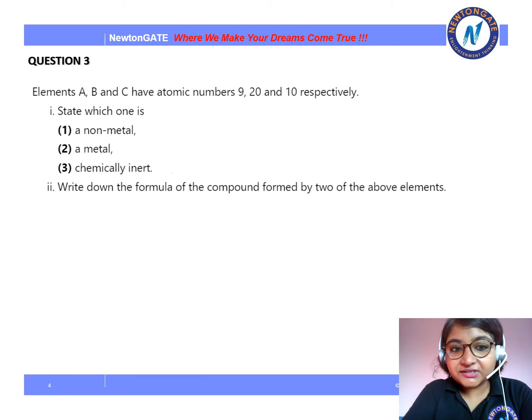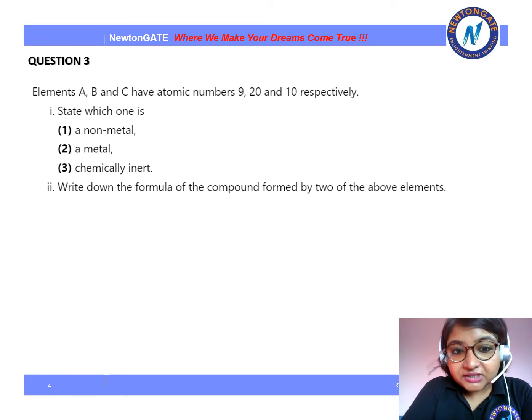Here in this question, you are given element A, B, C and their respective atomic numbers are given to you. When atomic numbers are given to you, you can easily do the electronic configuration and you can determine which one is the metal, non-metal and which one will be chemically inert.